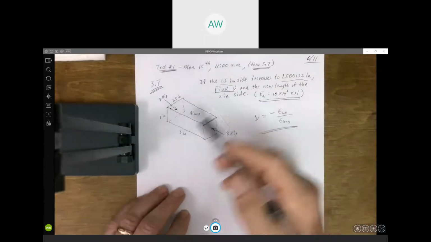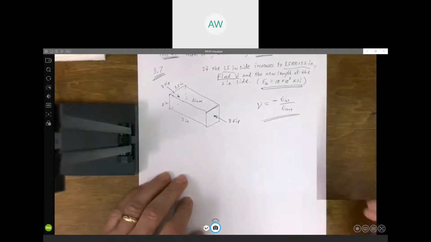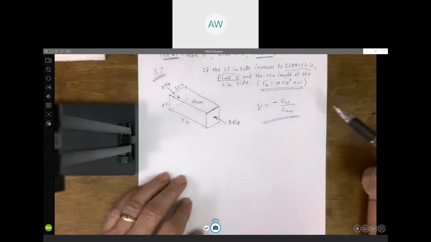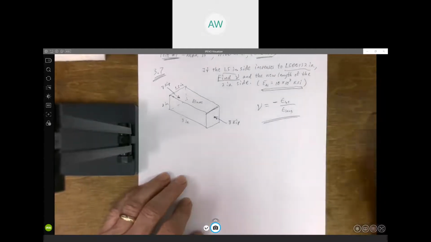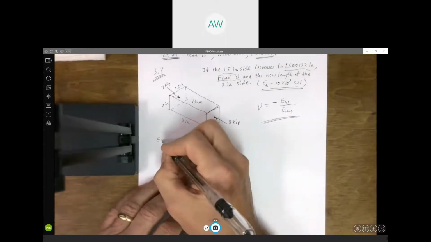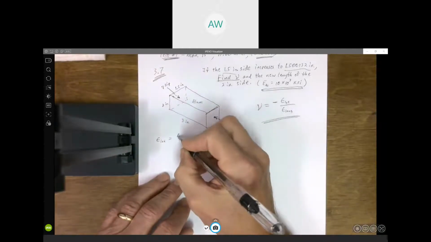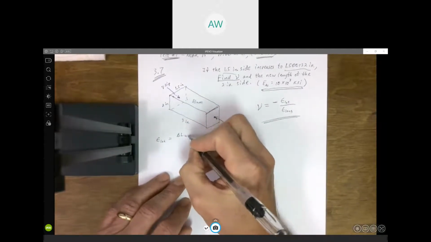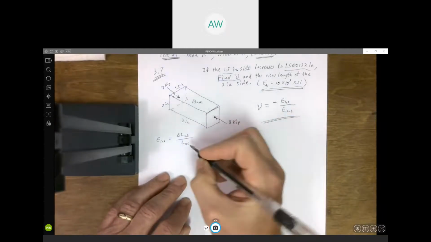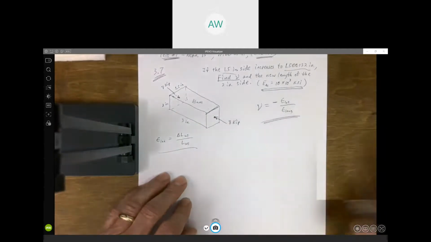Well, the 1.5 inch side, that's one of the lateral directions. And so we know the change in length, and we know the original length. That's what normal strain is, change in length over length. So I know the lateral strain is just the change in length in the lateral direction over what the original undeformed length was in the lateral direction.